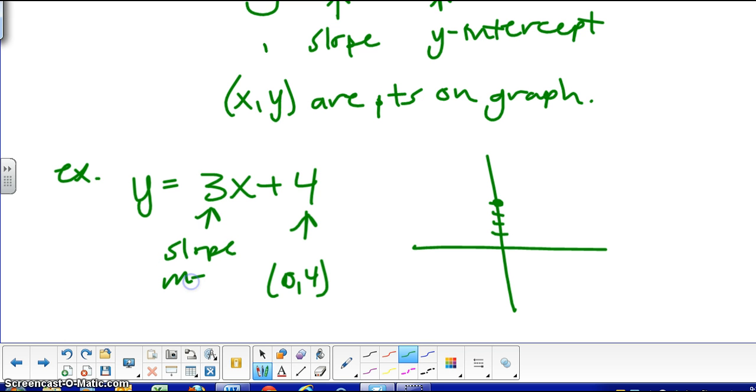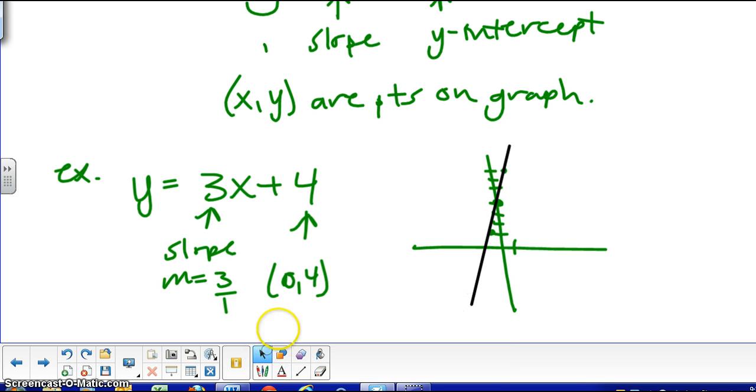So we would say m equals 3. And that means 3 over 1 because the slope is rise over run. So we have 1, 2, 3, and then over 1. Up 3 over 1 just to emphasize our line. And then we can connect that like so, and put the little arrows because we know it goes on forever.